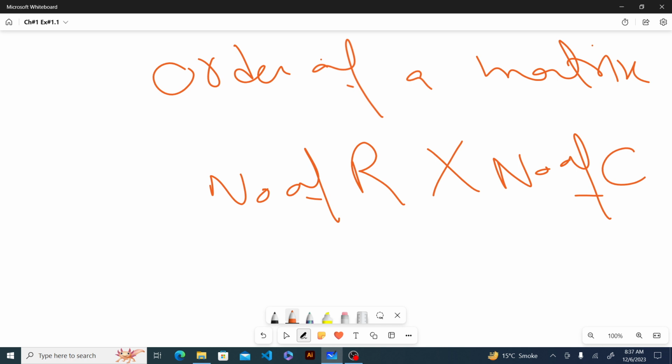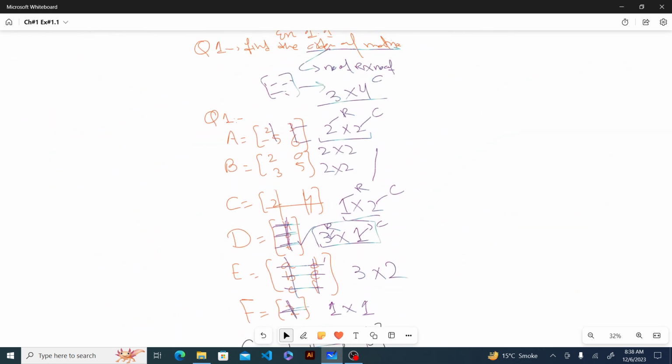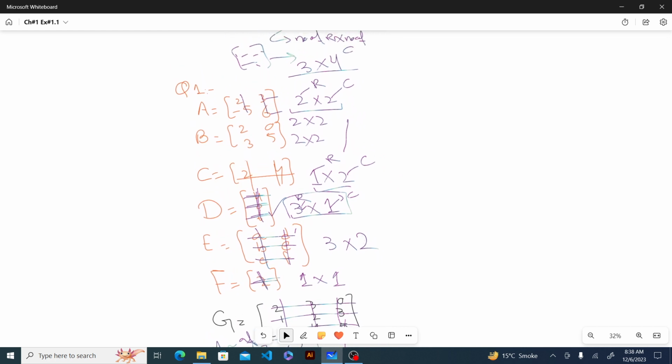According to this rule, we have found the order of all these matrices which are given in question number 1 of exercise 1.1 of chapter number 1, Matrices and Determinants, and the exercise is introduction to matrices.